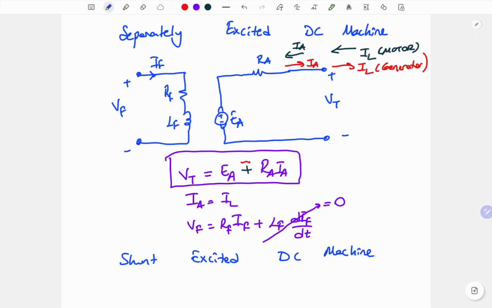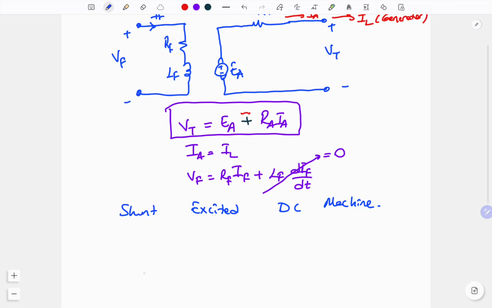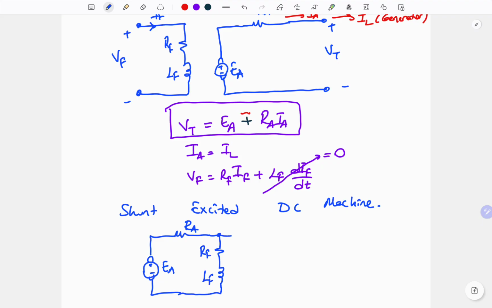For the machine, our armature and field components must be connected in parallel in the shunt excited case. And for the terminal, again, we have a DC voltage that we can take out or apply according to the operation type.